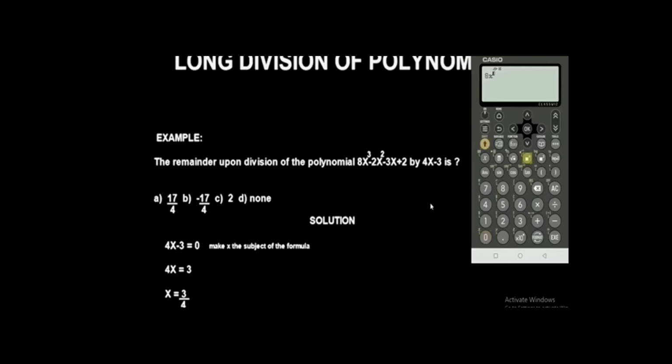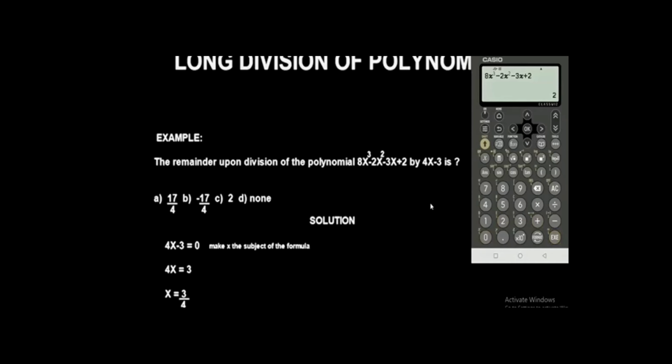Okay, you come down, minus 2x, shift and this button, square, we have minus 3x, shift and this button, plus 2. Press execute.